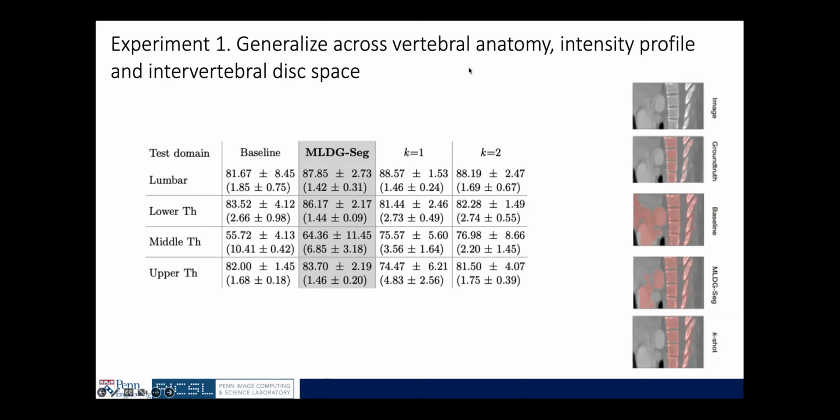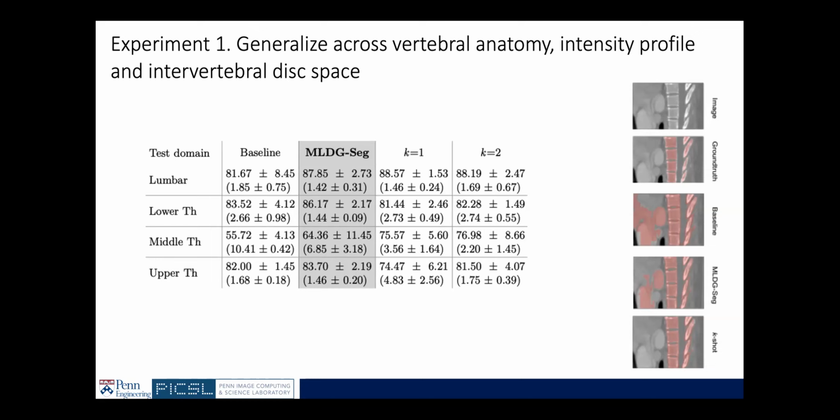One of the experiments that we did was, again, the task is vertebrae segmentation, but we want to generalize across different intensity profile, vertebral disc space, and vertebral anatomy. If you look at vertebrae from your cervix or from your neck all the way to your back, it has a different structure all throughout.